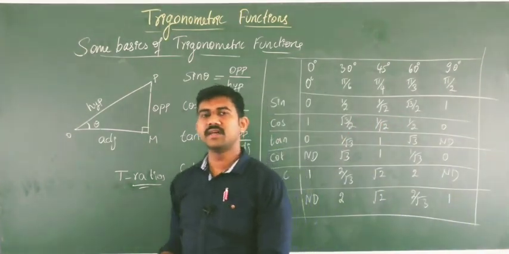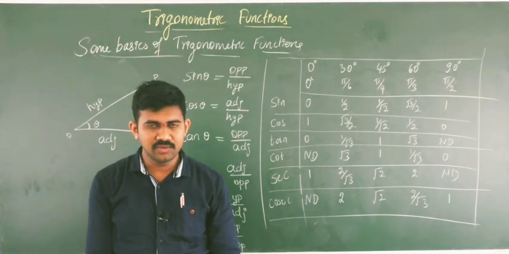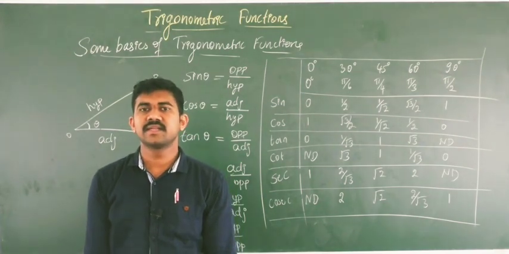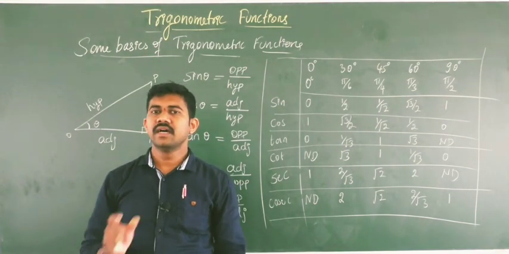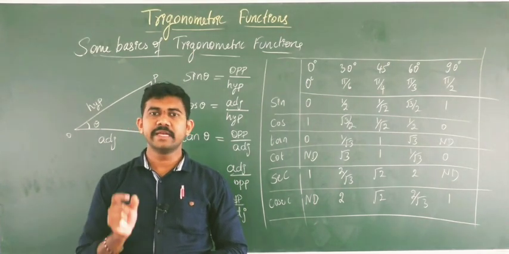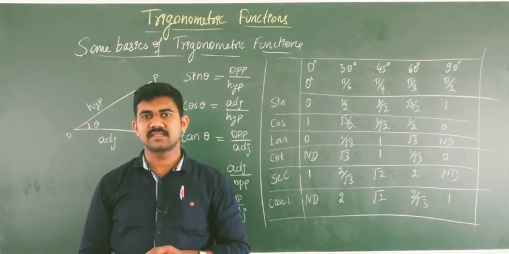So these are the basics of trigonometric functions you studied. Now we'll consider one unit circle. A circle with a radius of 1 unit is called a unit circle. In a plane, that means it contains the x-axis and y-axis, the Cartesian plane.